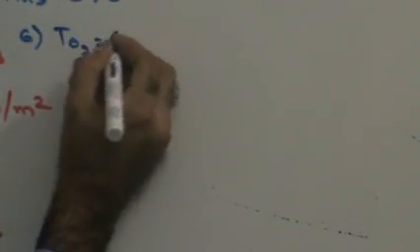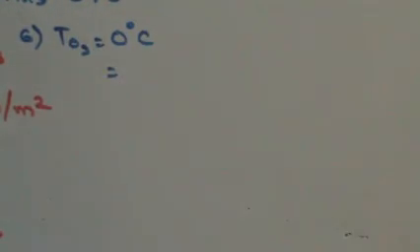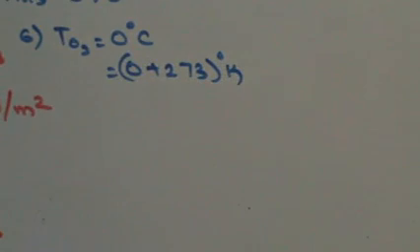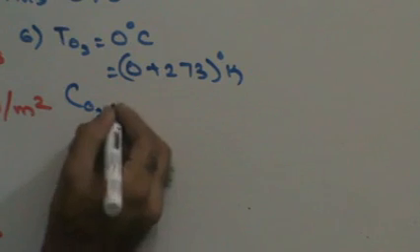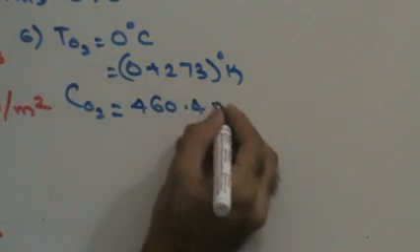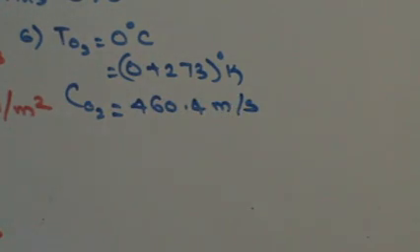The RMS velocity of oxygen at 0 degrees Celsius is 460.4 meters per second.